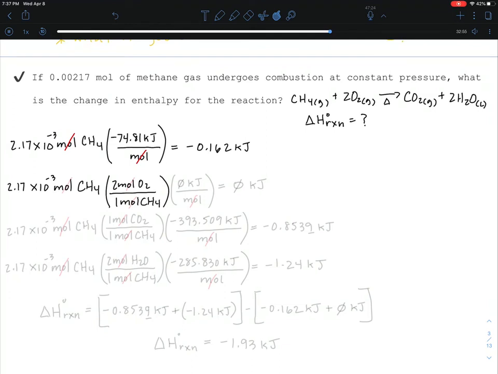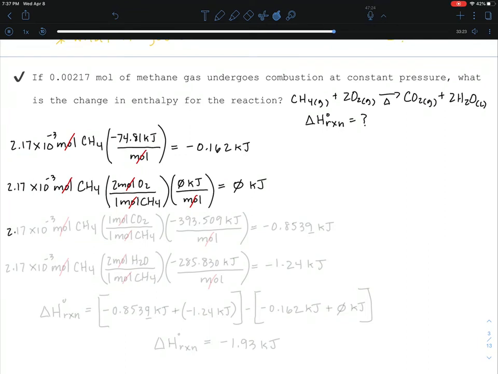And then I look up at the table and I see that the heat of formation for oxygen in its standard state is 0 kilojoules per mole. So the moles of methane are going to go away, and then the moles of O2 are going to go away, and I'm left with just the enthalpy. So I have my energy unit here, and that'll be 0 kilojoules.